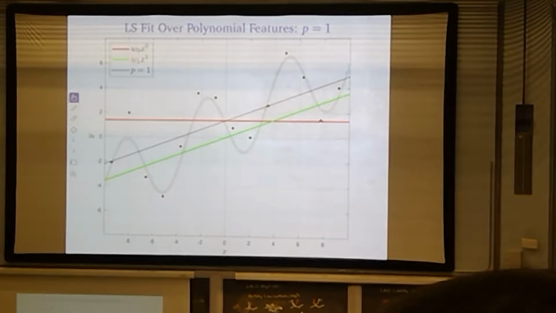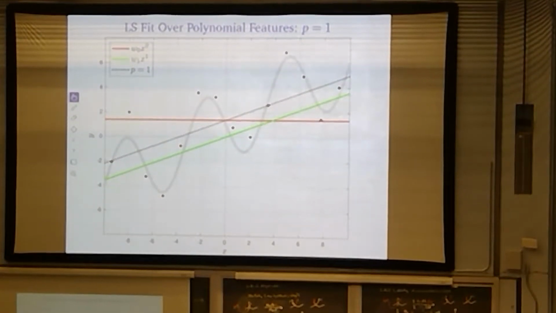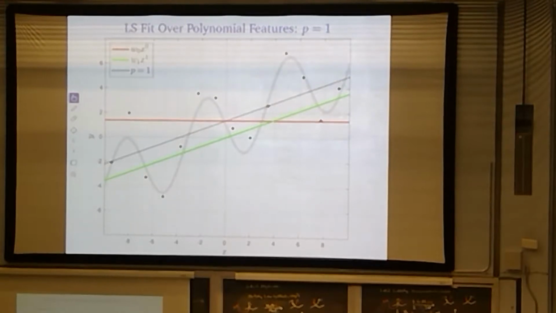Essentially, it's a linear regression over the augmented feature. In this case, it's polynomial feature of order 1. Basically, the dotted line, the final solution, is just a weighted combination of the red line and the green line. If I add the red line and the green line together, that gives me the dotted line.